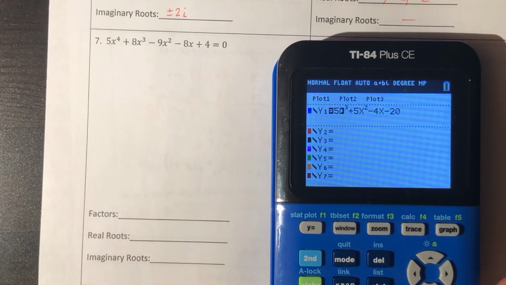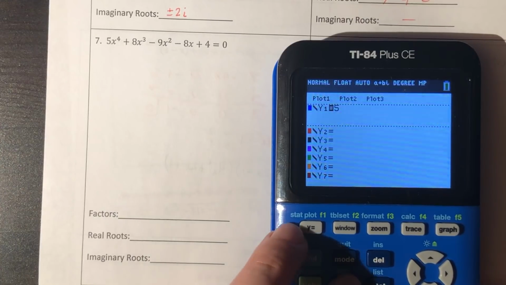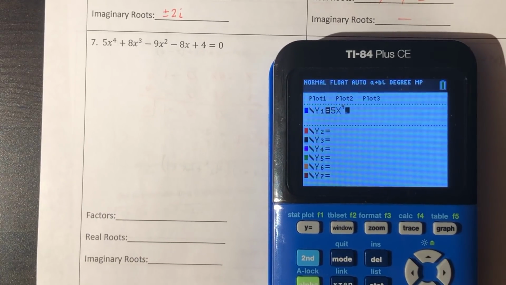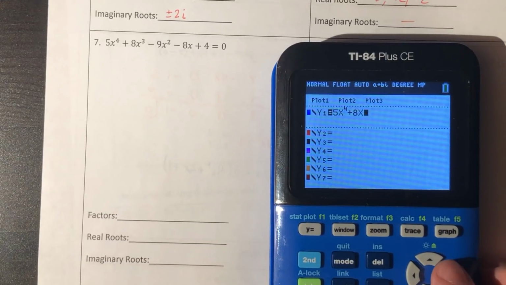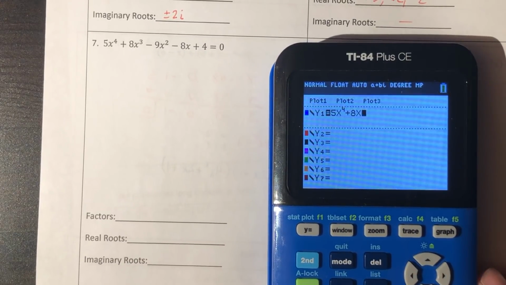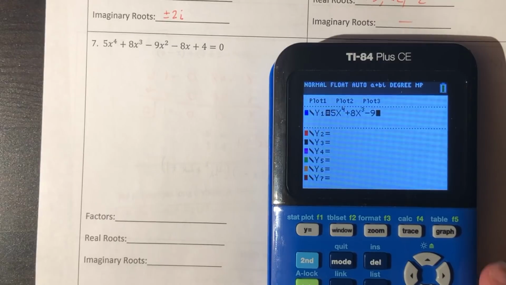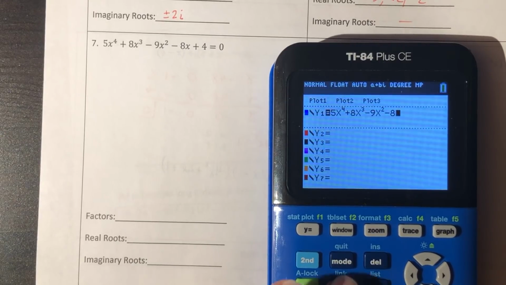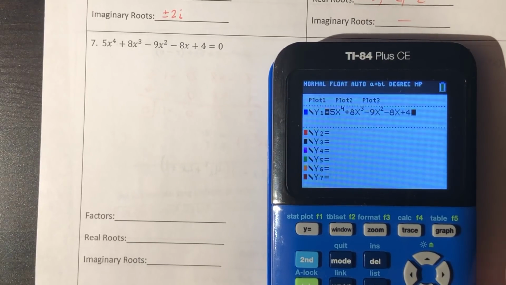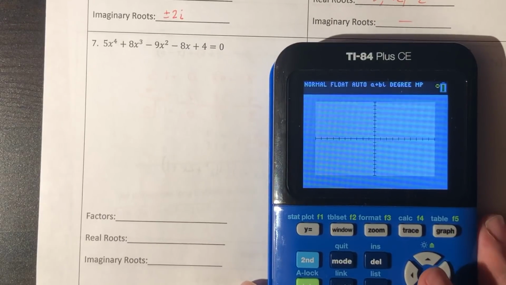On to the next one. We've got 5x to the power 4 plus 8x cubed minus 9x squared minus 8x plus 4.